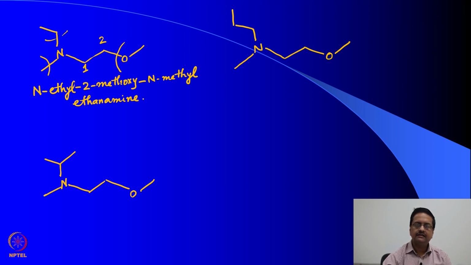In the second case, on the right hand side, we have a 2 carbon chain, and here there is a 3 carbon chain. This 3 carbon chain gets priority, and that makes this propanamine instead of ethanamine, and we have this group as a substitution on nitrogen and that group as a substitution on nitrogen.